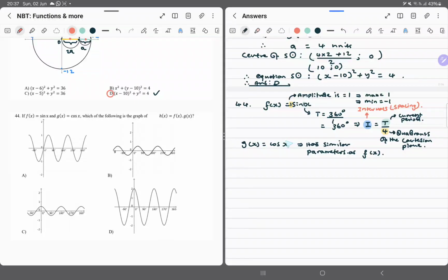So that means the amplitude is the same. So maximum is going to be 1, minimum is going to be -1. And essentially the period is going to be 360.